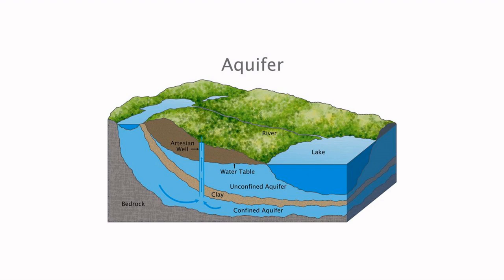They are exposed to the atmosphere, so the water gets evaporated easily from the unconfined aquifer. The confined aquifer is separated from the atmosphere by an impermeable layer. So the confined aquifer is like a closed space. It is not directly exposed to the atmosphere.